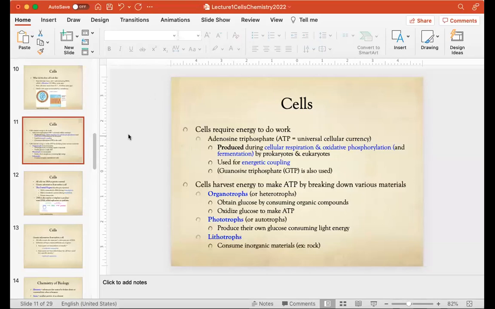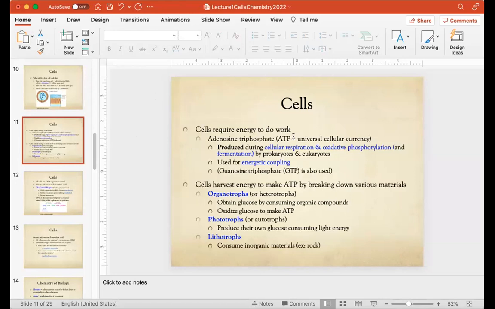Now, we mentioned last time that there's a molecule called adenosine triphosphate, or ATP, which is sort of this universal, we refer to it as cellular currency. It's a molecule that cells use when they need a source of energy. And that's because ATP has covalent bonds in it.